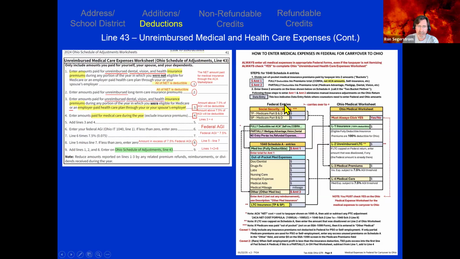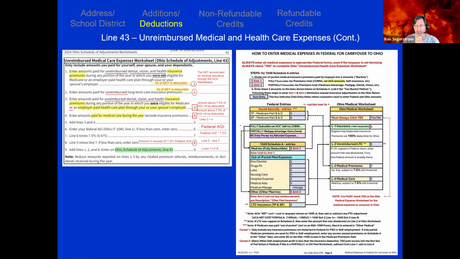Now, the AARP has a flow chart. It talks about Social Security, but really it's when it's in excess of 7.5% of AGI. And there's kind of an amount because 7.5% of AGI may not be where people's incomes are if they're collecting just Social Security.